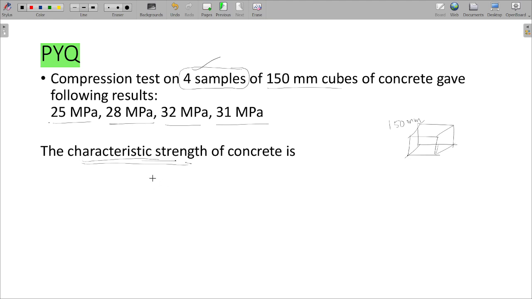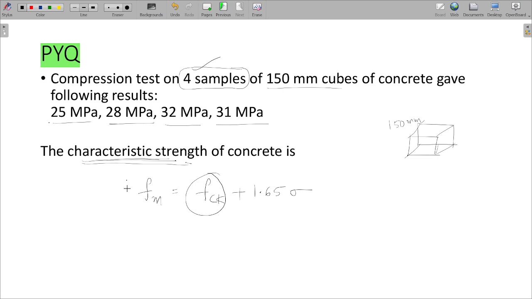When this type of problem is given, with samples and their individual strengths, and they ask us to find the characteristic strength, we know this formula: Fm equal to Fck plus 1.65 times sigma. Here they asked to find Fck.